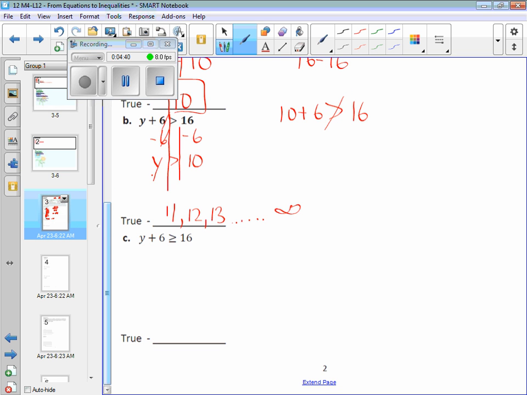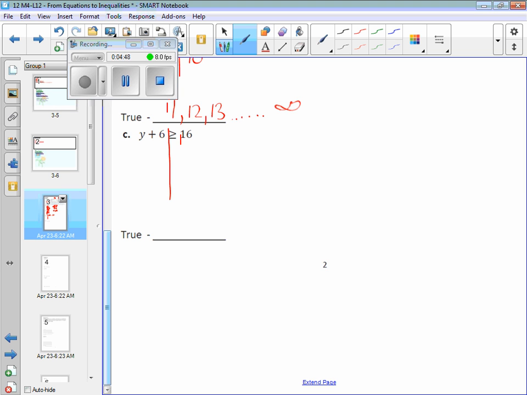Almost the same, but now watch what happens. We have the little line under the greater than symbol, right? Still use railroad tracks. Take away your 6, and you get this. Any value greater than 10, but it can also equal it. So what's the only difference between this and this, Riley?